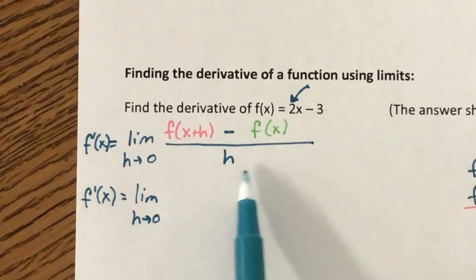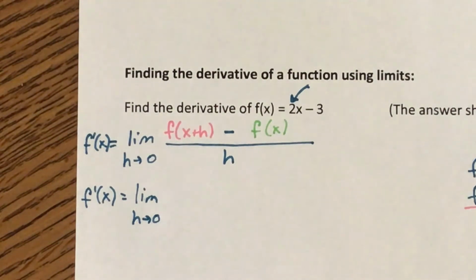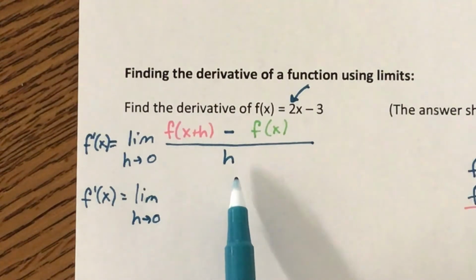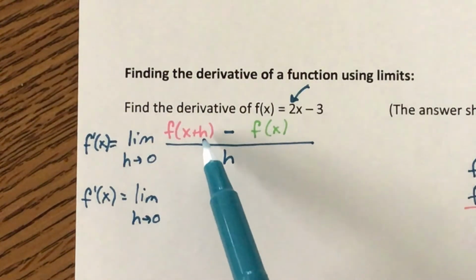And if you plug in 0 on the bottom for h, you would get 0 as well. So there's a hole. So we're trying to take care of the hole by canceling out an h from the top and the bottom. We just have to get it to the point where we can cancel out an h from the top and the bottom. You cannot do it right now because h is inside a set of parentheses up here.